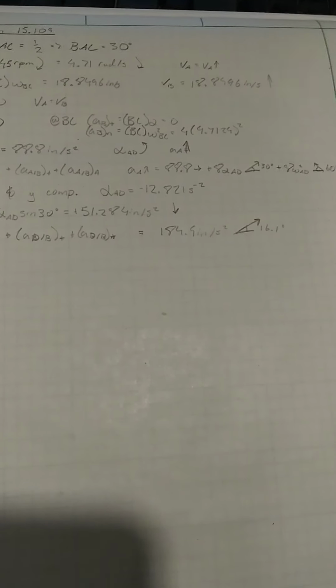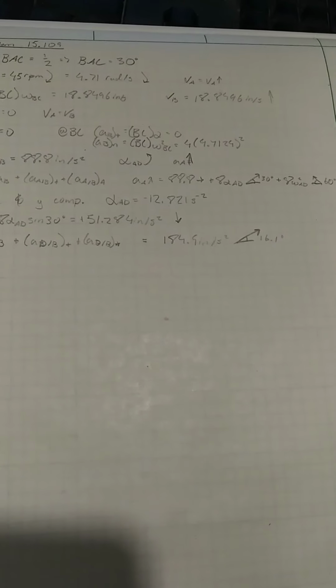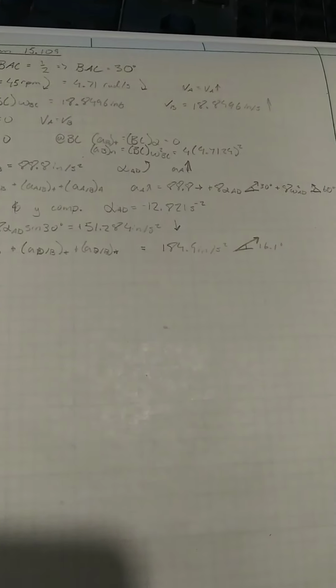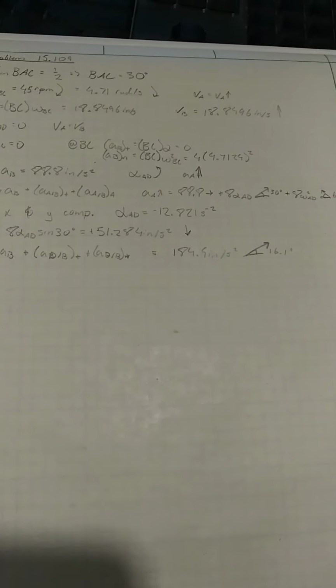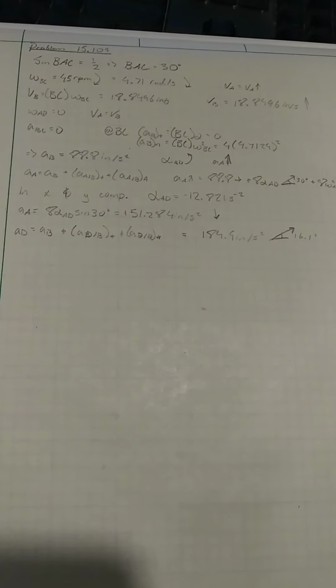V sub B we can calculate using BC times omega sub BC, and we find that V sub B equals 18.8496 inches per second, and that is vertical, up rather. And then we move on. We've got our V sub A equals V sub B, which we solved earlier, which is that 18 number.